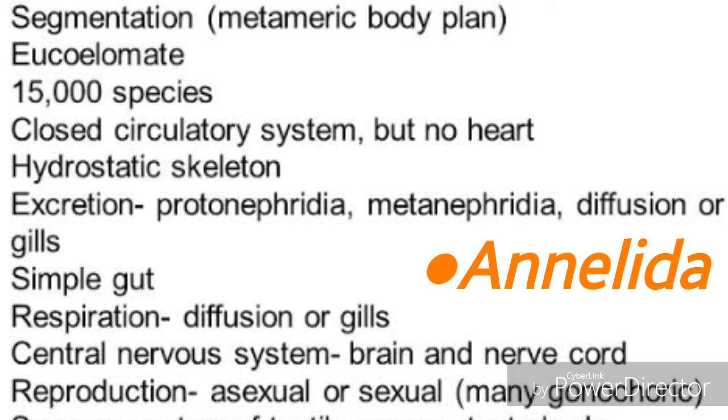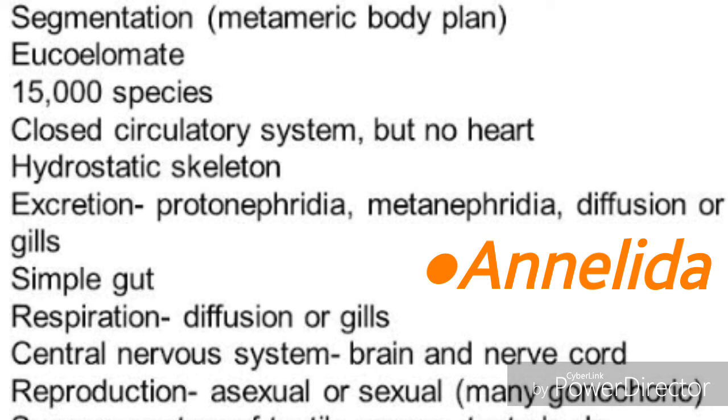In annelids, circulatory system is closed type. The excretory organs are nephridia or gills. Respiration takes place either through diffusion or with the help of gills. In annelids, central nervous system contains brain and spinal cord, and reproduction is either asexual or of sexual mode.